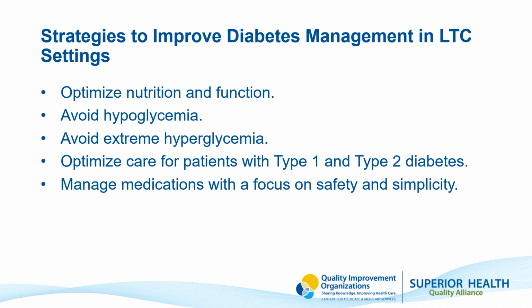This requires acknowledging each person's complexity in terms of disease stage, complications, comorbidities, self-care ability, and life expectancy, as well as the risk of adverse drug events. Lastly, glycemic control shouldn't be limited to insulin alone. Treatment should be kept simple and safe, avoiding overly complicated regimens.